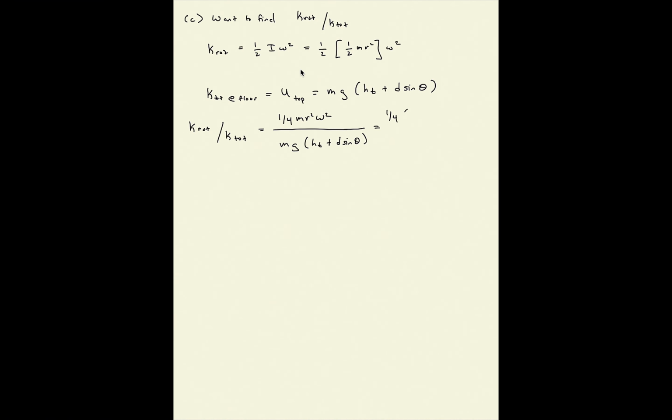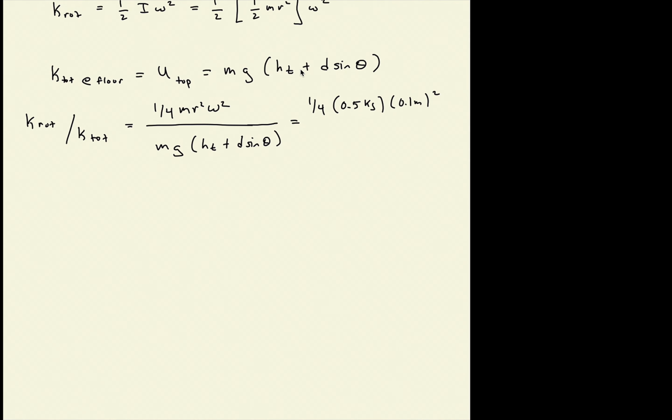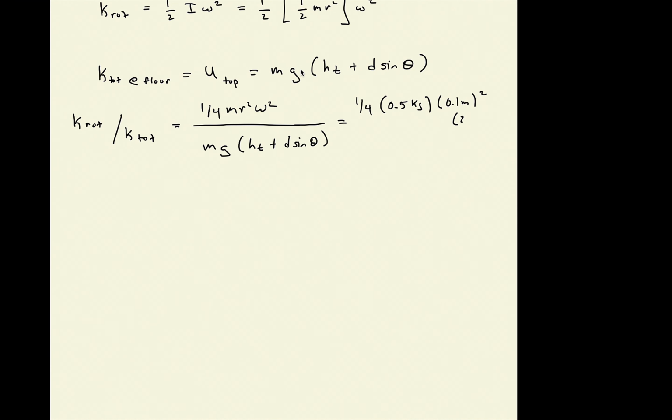Plugging in numbers, m is 0.5 kilograms, r is 0.1 meters, and let's squeeze in our 25.56 radians per second, all divided by, again, the mass, which we probably could have just canceled, 9.8 meters per second squared for g, times the height of the table, 0.75 meters, plus d sine theta, which we found earlier to be 0.5 meters.